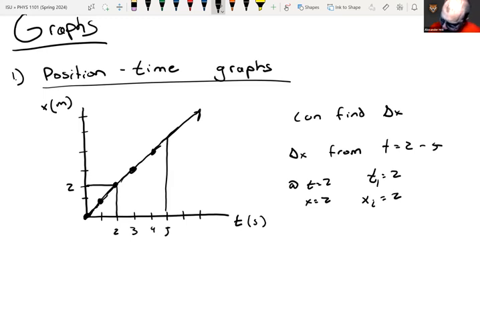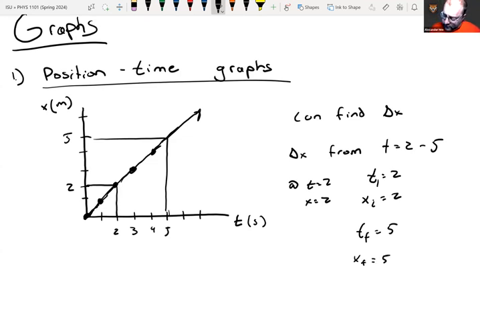So t final would be 5. That's basically given to us. And that means we go up to the graph and find our x final, and I don't think I did these intervals quite right, but that turns out to be right at 5. So x final equals 5.